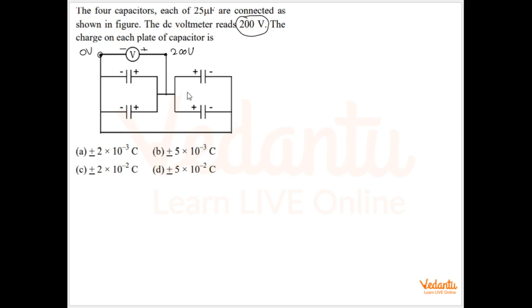Now if that is 200 and 0, we can mark other points also as 0 and 200, which I will mark here, and we can mark other points as 200, which I will mark here. Now as you can see, the potential difference across each capacitor is also 200 volts if you mark the potential at all points.